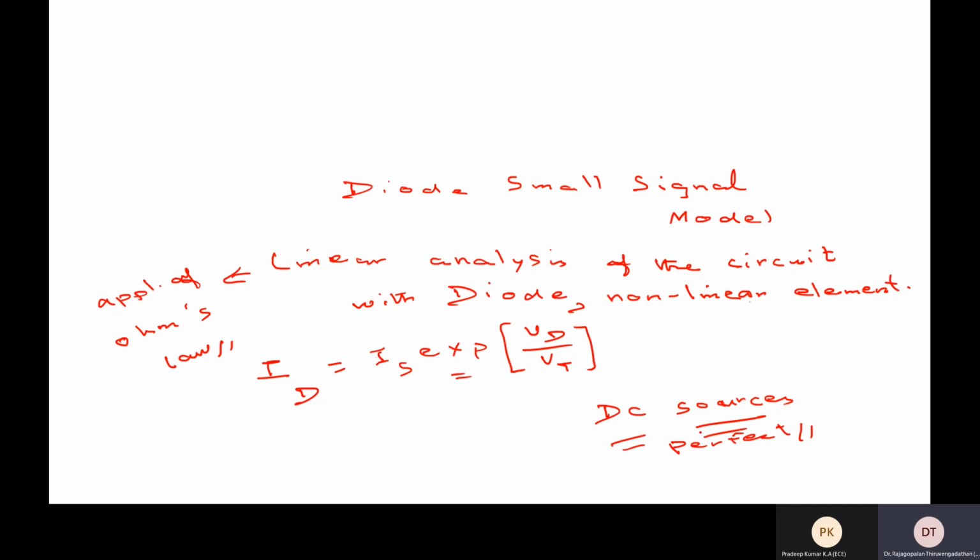The source steadily offers a constant voltage. Whatever fluctuation there is, if extremely small, can be accommodated, but even there the problem exists. So we need a perfect DC source, then we can apply the ideal diode model and all those things.